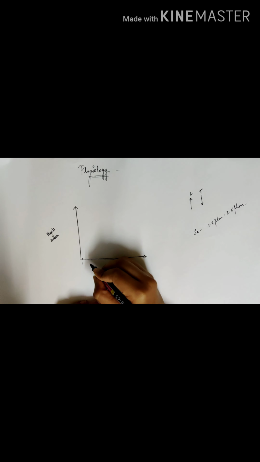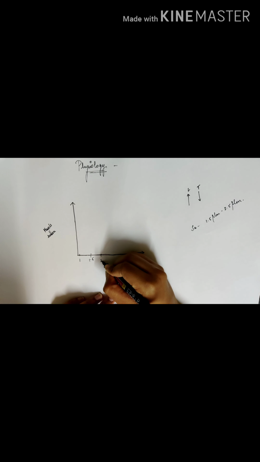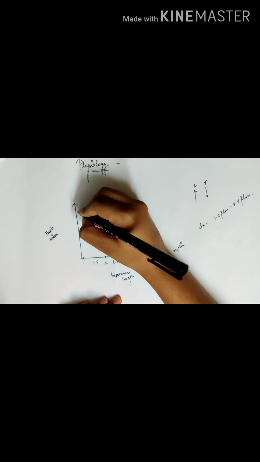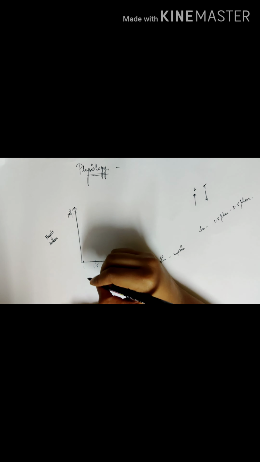Plotting it on the graph, here is 1.5 to 3.5. This can be the maximum length of the sarcomere till which actin and myosin filaments remain in contact, and muscle tension here will be 100% of its value, of its minimum value.